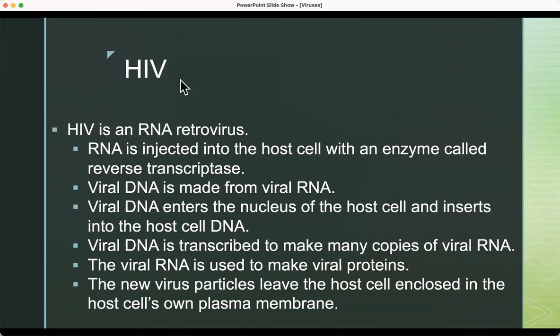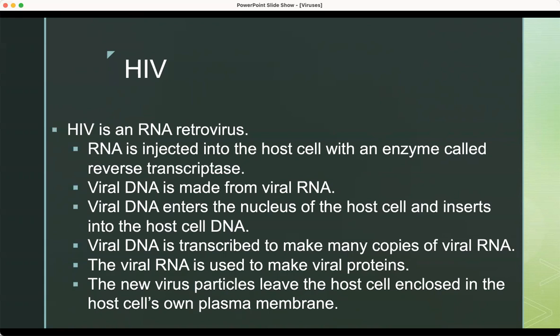Now we call HIV a retrovirus. First of all, its genetic material is RNA. And we call it a retrovirus because it contains an enzyme called reverse transcriptase. Now, normally, when proteins are made, a cell takes genetic information in DNA, produces an RNA. Remember, those are both nucleic acids.